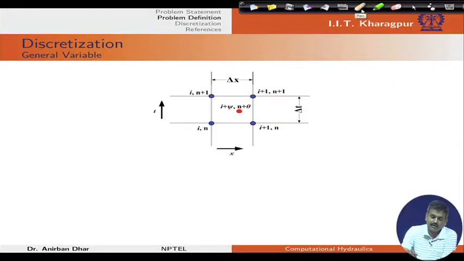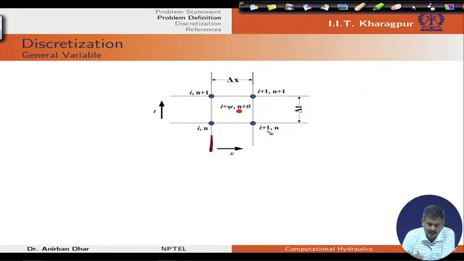For a general variable, I will just define this discretization. In this case, we have i n is one section, another section is i plus 1 n. This is at future time level i n plus 1, i plus 1 n plus 1. So, by considering these 4 points, we can discretize our governing equation.